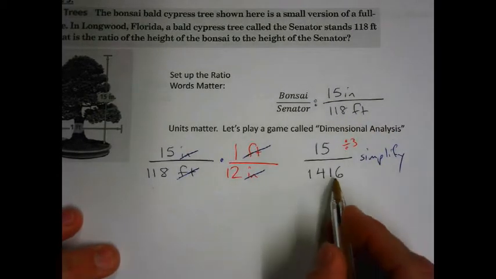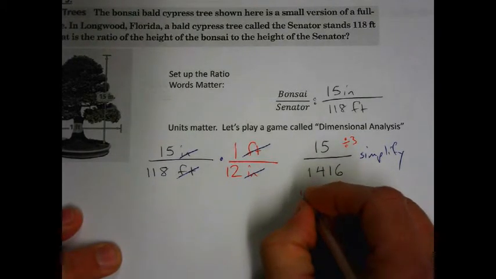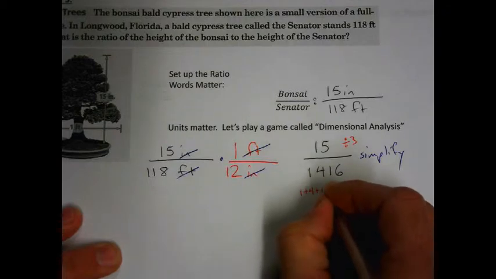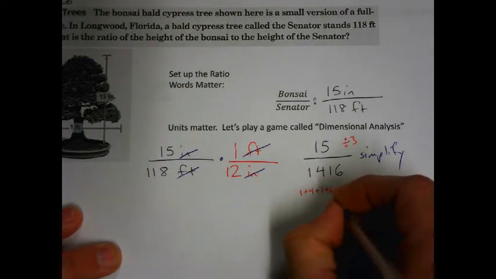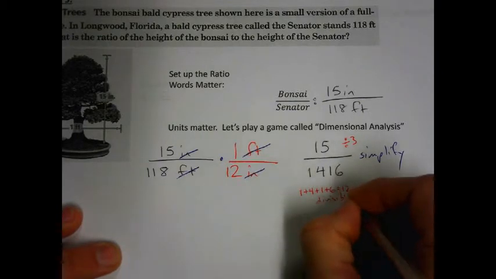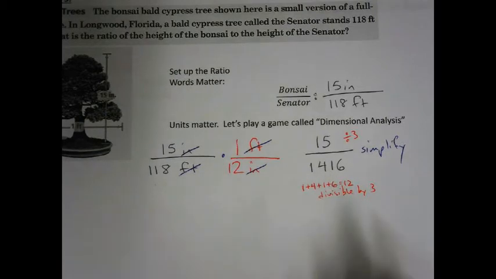And the answer is yes. Here's how I know. If I add the digits, I have 1 plus 4 plus 1 plus 6. That equals 12. And 12 is divisible by 3. Okay, so what does that mean? That means the entire number, 1,416, is divisible by 3.